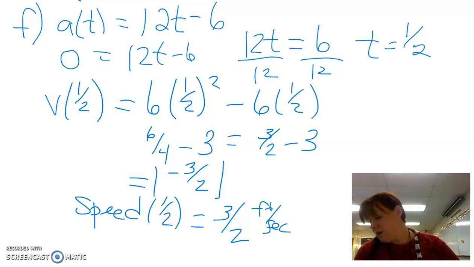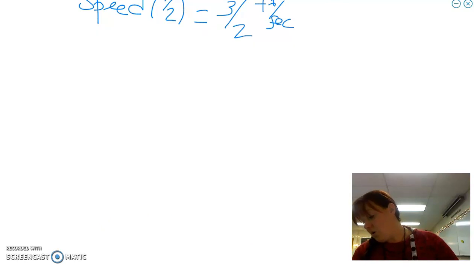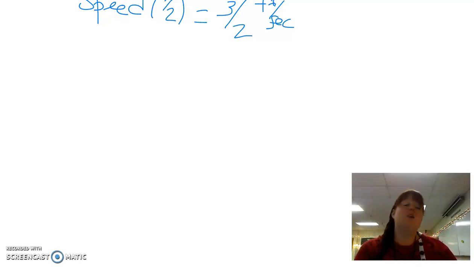Okay, and the last one, oh no, two more. Okay, the particle's displacement, from t equals -1 to t equals 3. So displacement, remember, has to do with where it is, so where it is is the position function, okay?